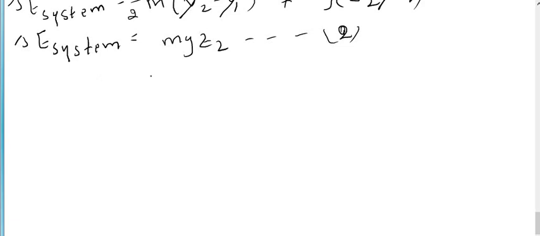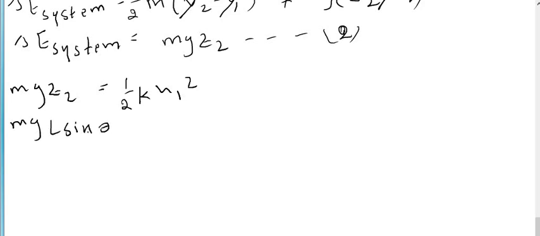By doing this substitution, mg z2 is equal to a half k x1 squared. From the information determined, z2 is equal to L sin theta, so we substitute: mg L sin theta is equal to a half k x1 squared. We make sin theta the subject of the formula.